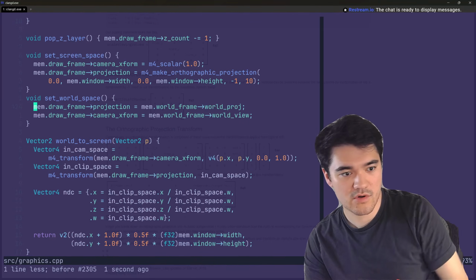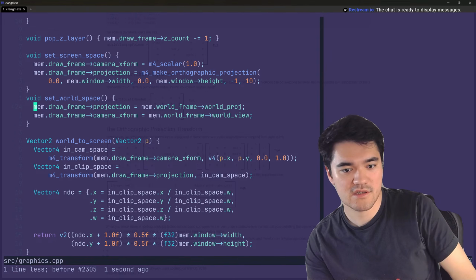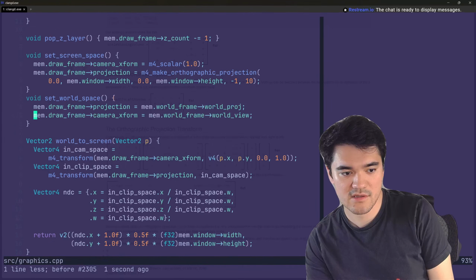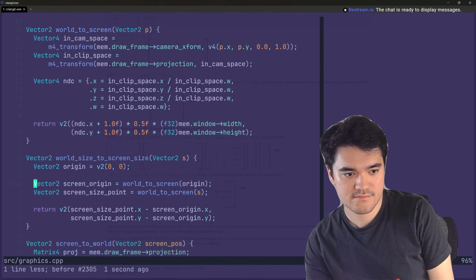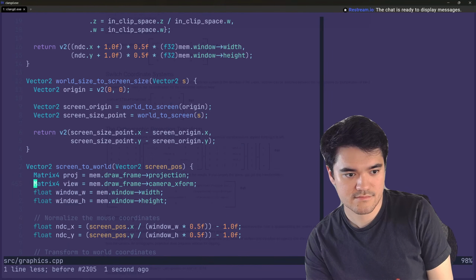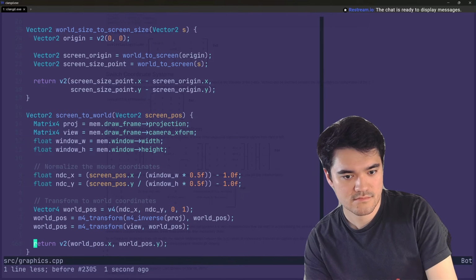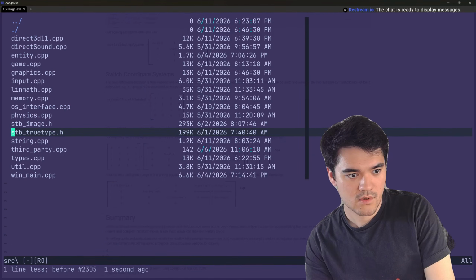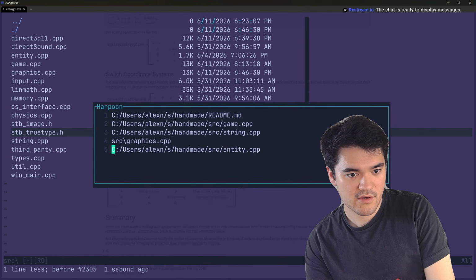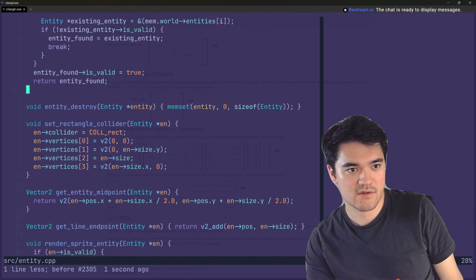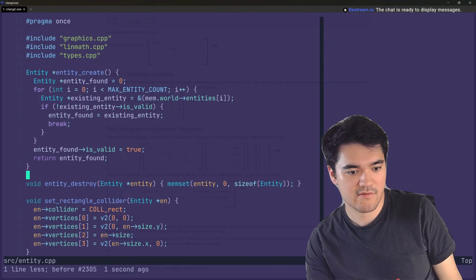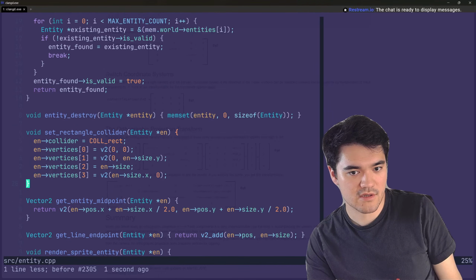So then this world proj matters, right? So let's look here. Okay. So then if we go out to entity, this is also a bunch of rendering stuff. Not that much now, which is good.